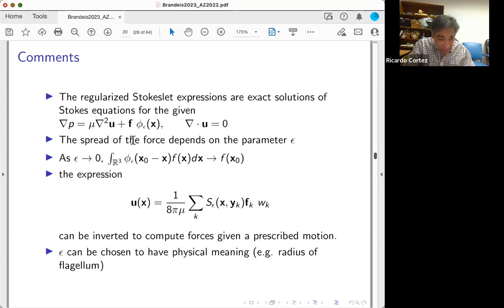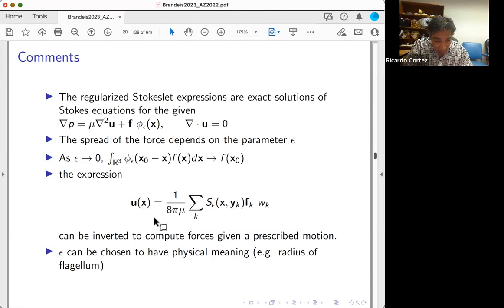How the spread of the force depends on this epsilon, in the sense of distributions, this function phi approaches the delta function as epsilon goes to 0, and this will come up too.